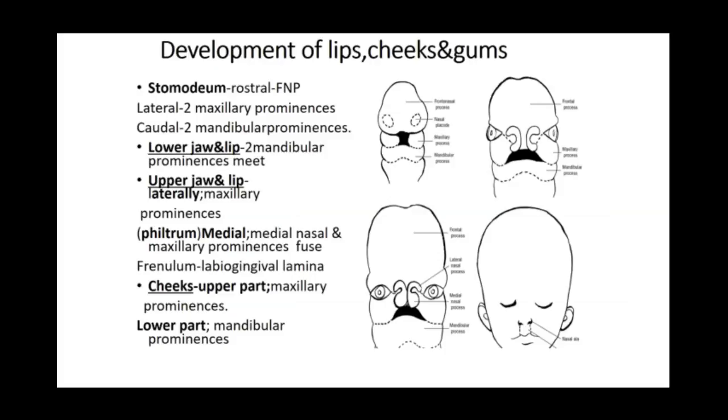The upper jaw and the upper lip laterally, the maxillary prominences are going to move forwards. They're going to meet the medial nasal prominence, and the maxillary prominence is going to fuse, and they're going to give rise to the upper lip and also this philtrum of the upper lip. That is the small portion which they have highlighted.